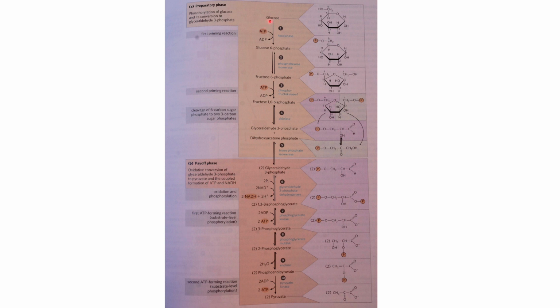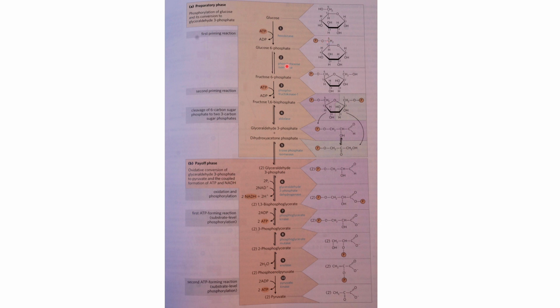We begin first with glucose, the structure of which is here, and then an enzyme, hexokinase, will form glucose 6-phosphate. So the phosphate is hanging off of the number 6 carbon in the glucose ring.